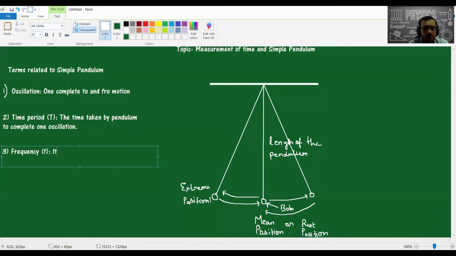It is the number of oscillations done by the pendulum in 1 second, or also known as reciprocal of time period.